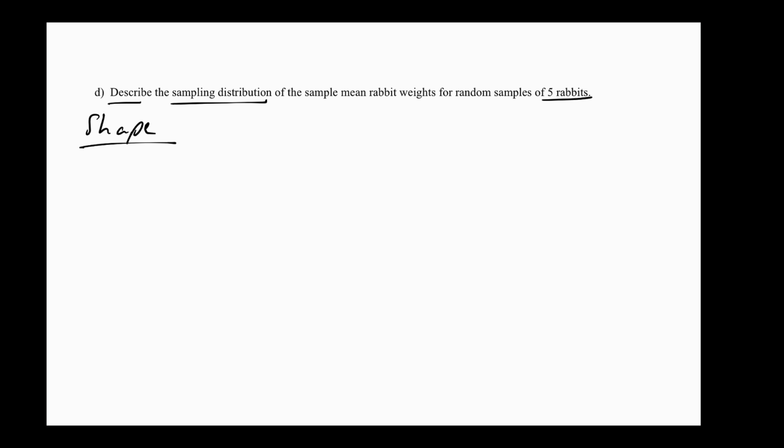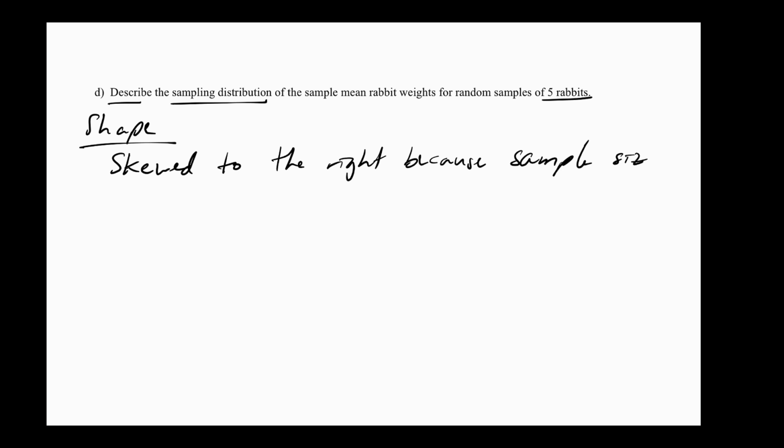It would continue to be skewed right. Why? Skewed to the right because sample size is less than 30. Not big enough. Okay. Center.